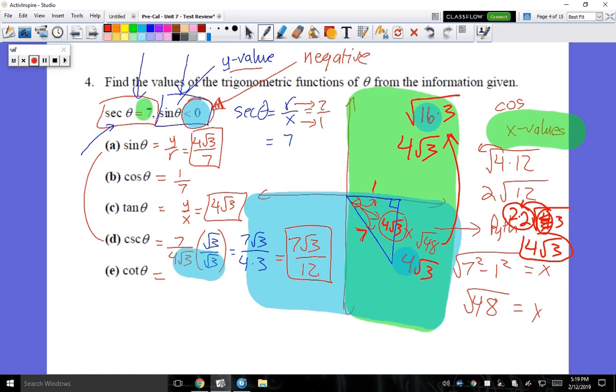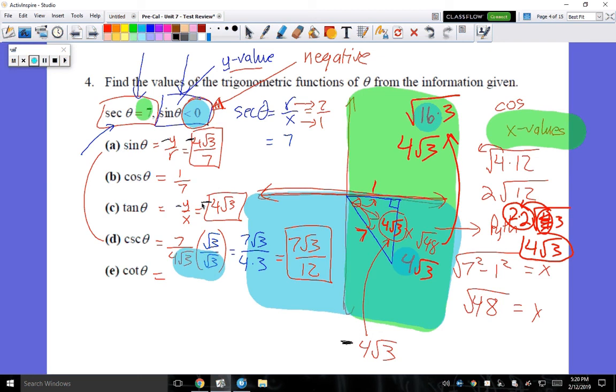So in my reference triangle, and this is a good teaching experience, if you will, this 4 root 3 is actually going to be a negative 4 root 3 because of the fact that it's below the x-axis, which is going to be a negative y value. So everywhere where I was working with this 4 root 3, I need to put a negative. It was a negative y over a positive x, so it should be a negative 4 root 3.